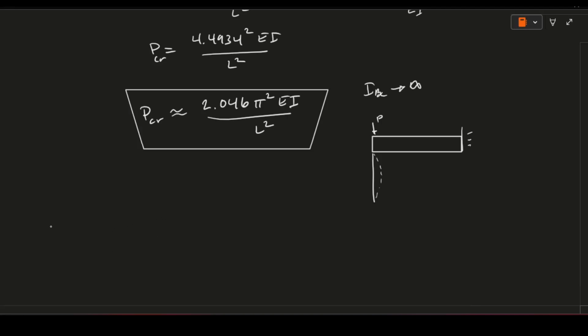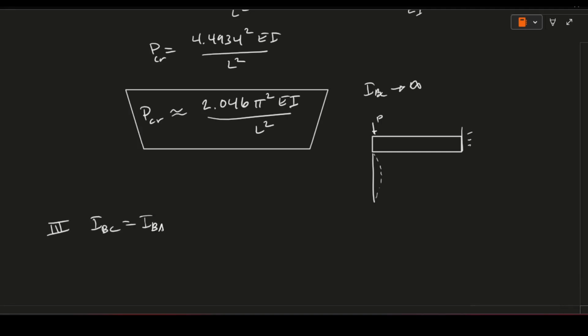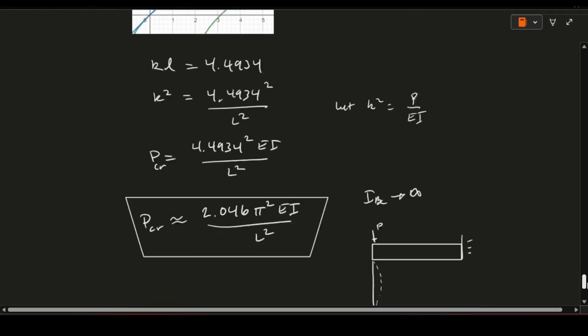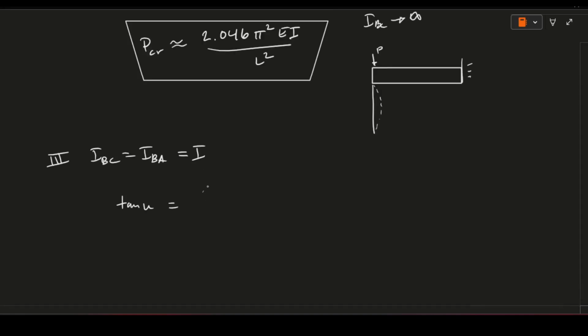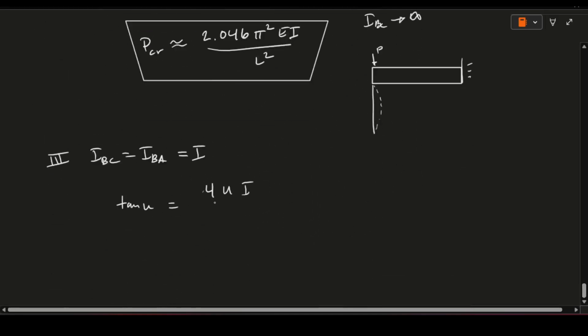Okay. Let's look at case number 3. If IBC equals IBA, let's just call that I. Then we have that tangent U is equal to, what was it again? 4U I over U squared I plus 4I.